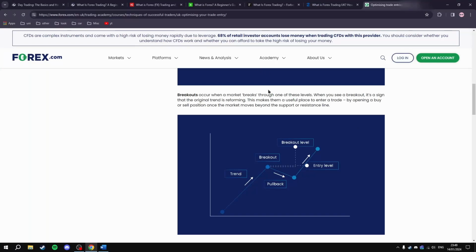When you see a breakout, which is, so it goes like that, drops down, and then you see that, and then if it starts going upwards, then you should start entry in here. It's a sign that the original trend is reforming.